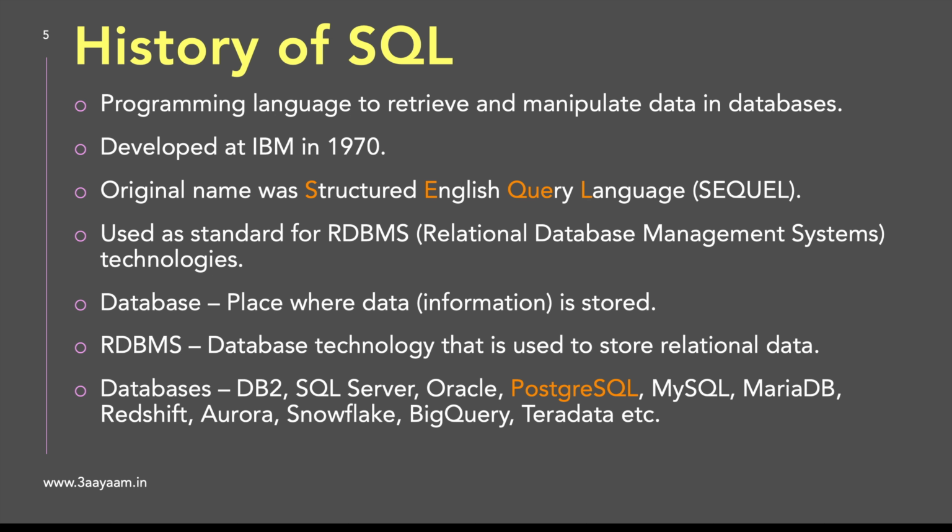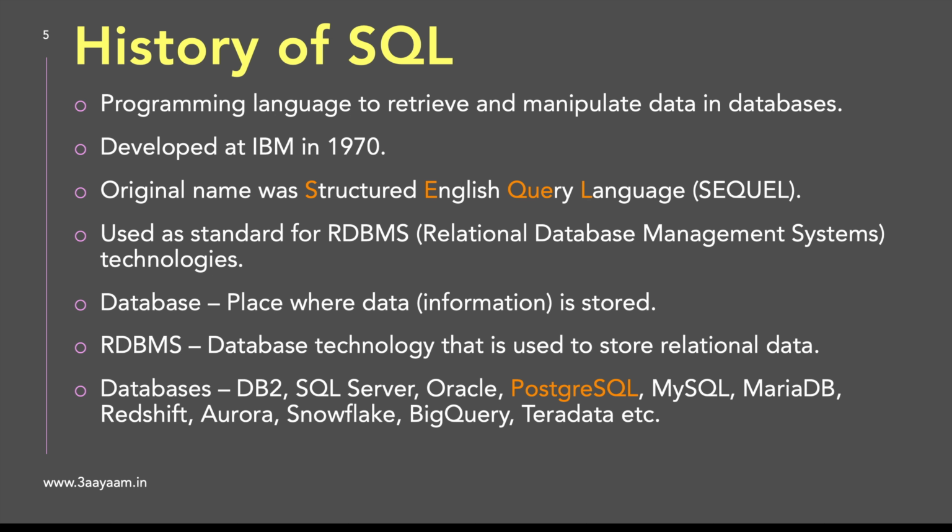Apart from this, we have open source databases also like PostgreSQL, MySQL, MariaDB, etc. These are all open source. There are no licensing costs for these databases. And the reason I have highlighted PostgreSQL is because I'll be doing the hands-on using the Postgres database.